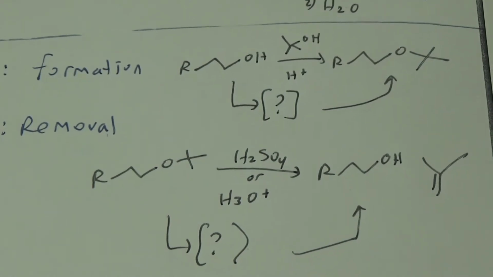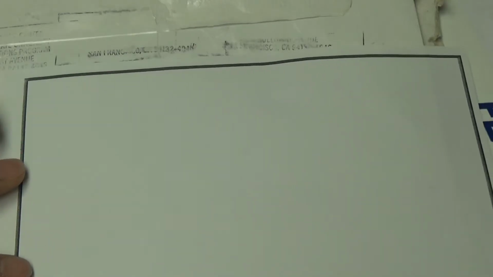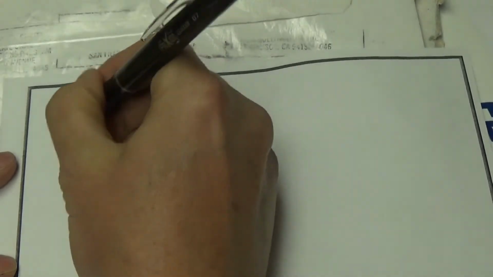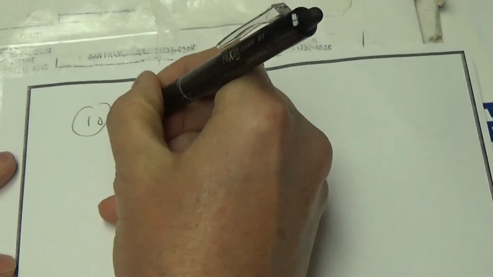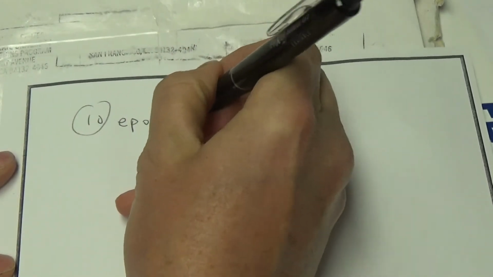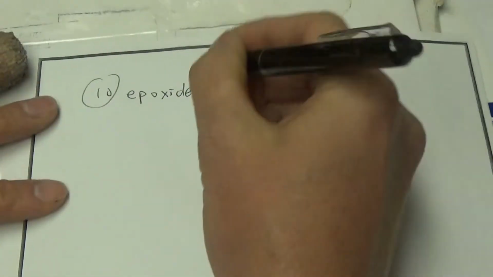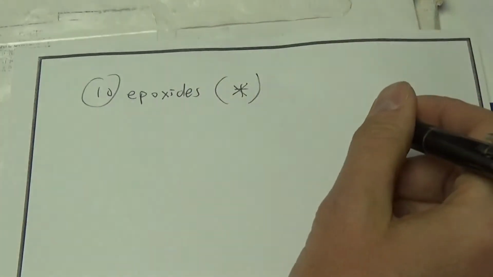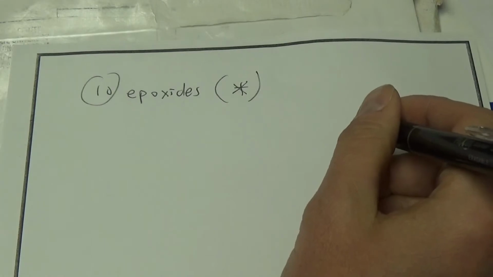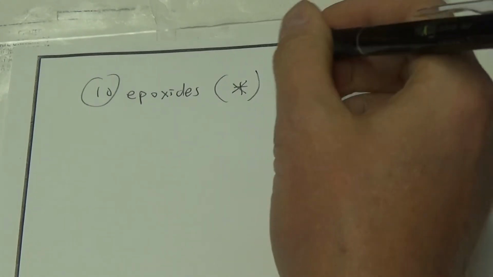All right, we have one more topic in Chapter 9. Epoxides, like we were talking about before. This is a pretty important thing in terms of seeing it through the end of Organic 2.